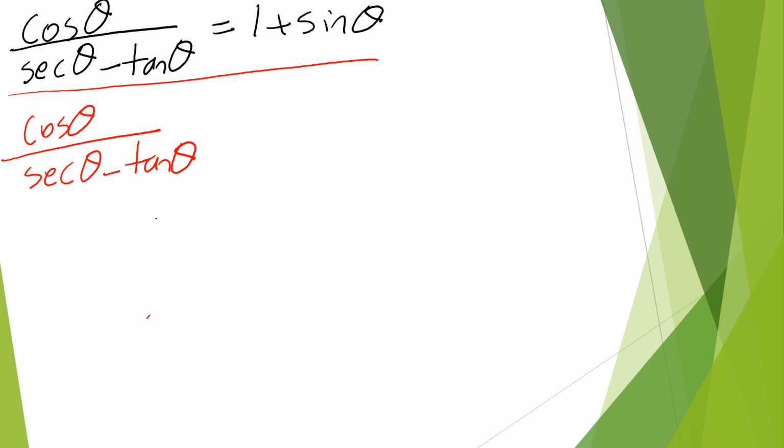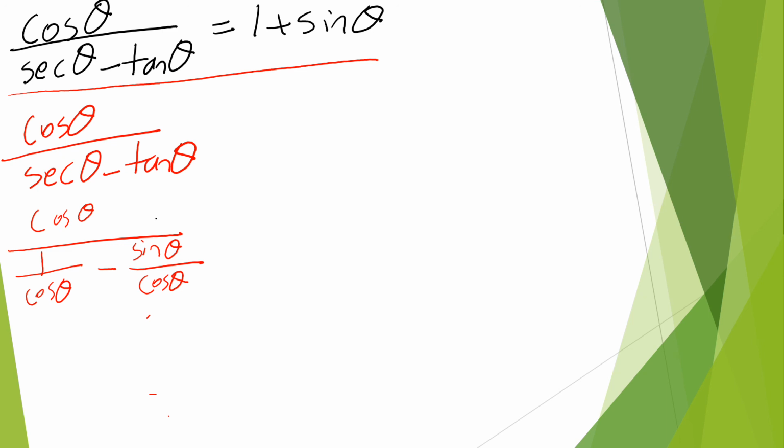It's easier, and then simplify. So we've got cosine theta over sec theta, which is 1 over cosine, minus sine over cosine for tan. So these are obviously common denominators, so it will be 1 minus sine, and then you can flip it, take the reciprocal, change it to multiplication.